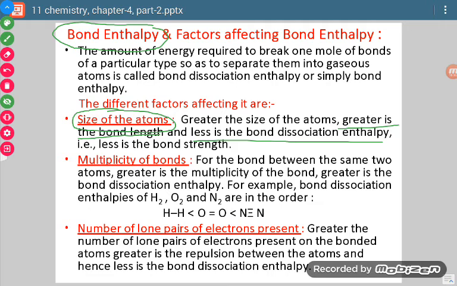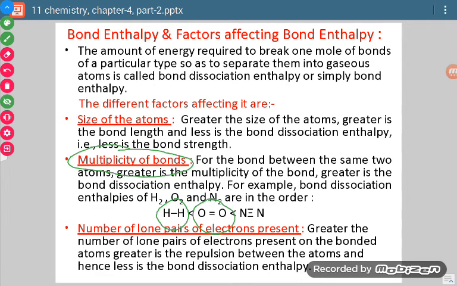Similarly, multiplicity of bond: if there is just a single bond and we have to break it, it needs less energy. If there is a double bond, it needs more energy. If there is a triple bond, it needs even more energy. So if the multiplicity of bonds increases, the bond enthalpy value also increases.